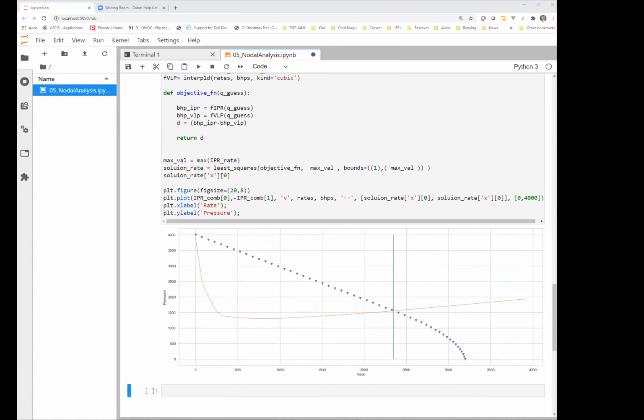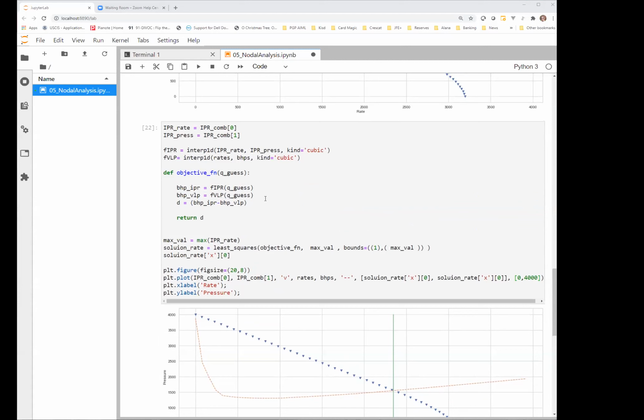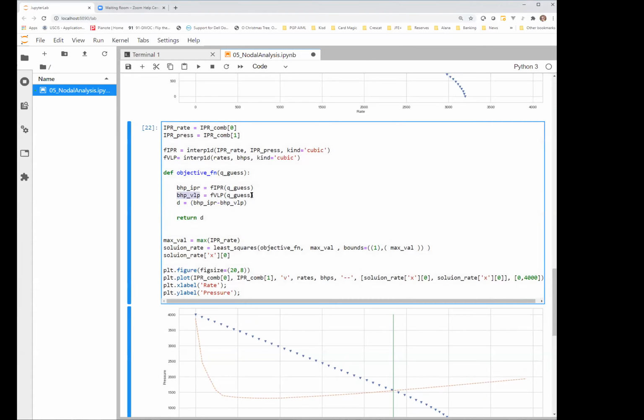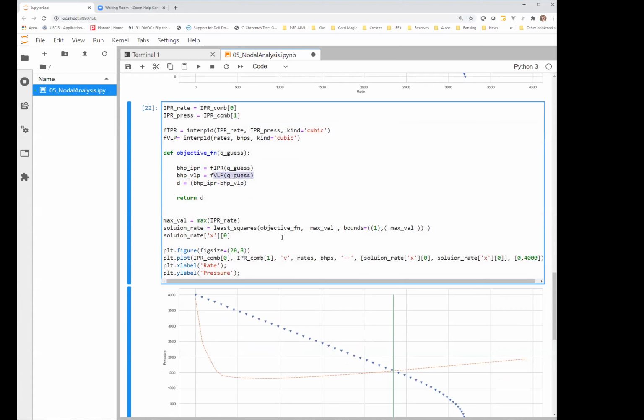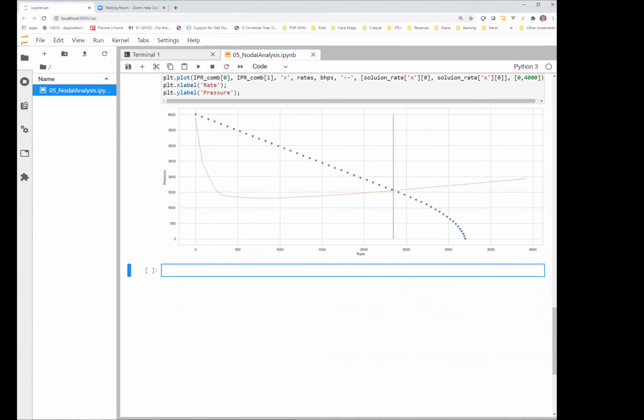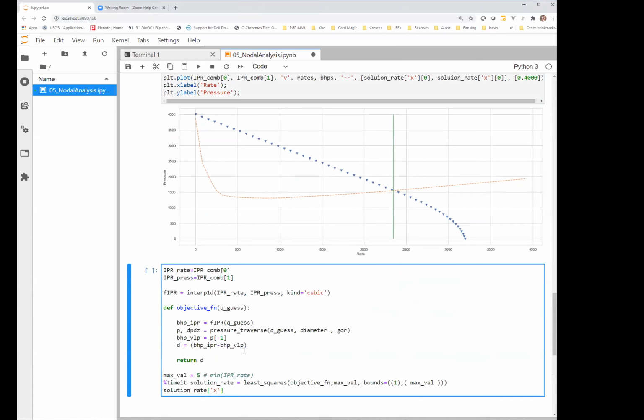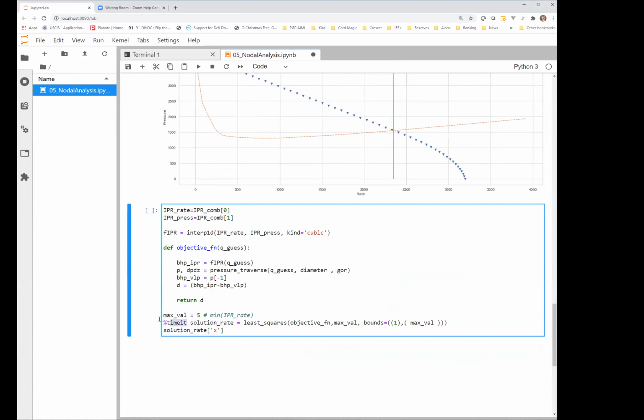So the only change we have to make is, instead of using the interpolation function, we are going to be calling the pressure traverse function and obtain it. So let me show you this. It's not a big difference.